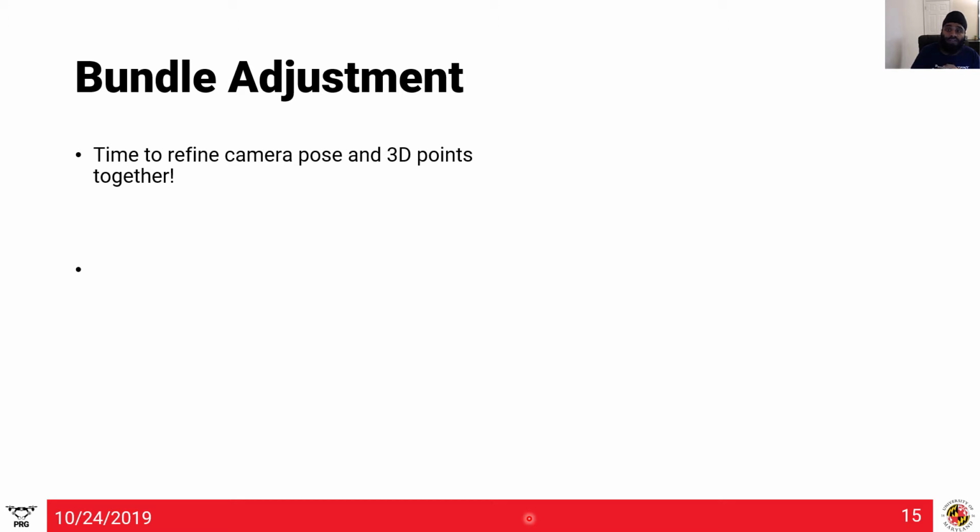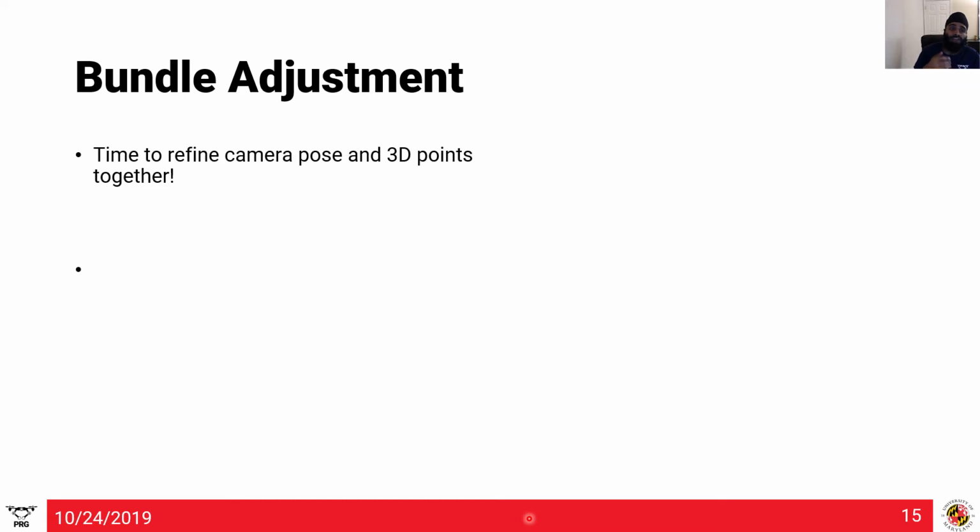Then you do nonlinear triangulation for much better estimates. Then you do PnP to estimate the camera pose, and you do nonlinear PnP to refine these camera poses. So in triangulation, we are estimating the 3D world points.